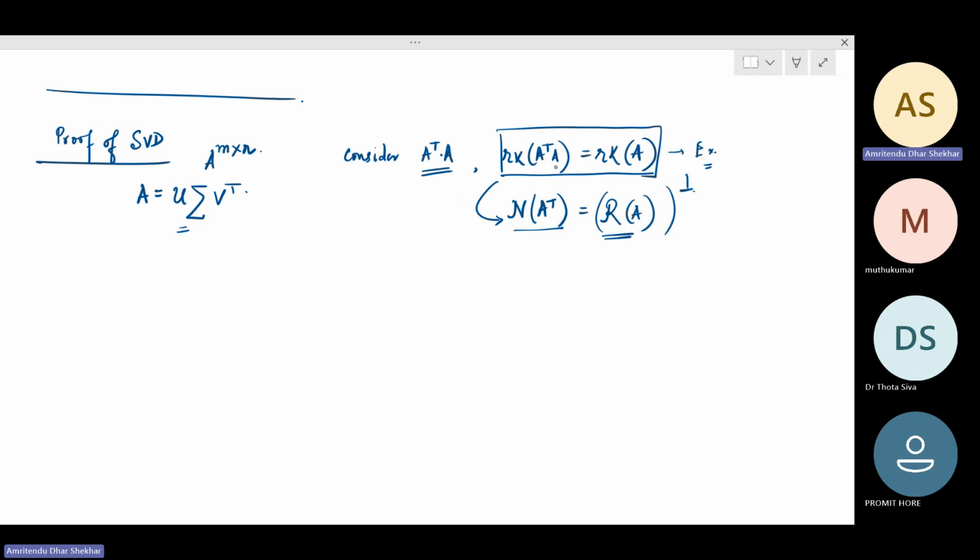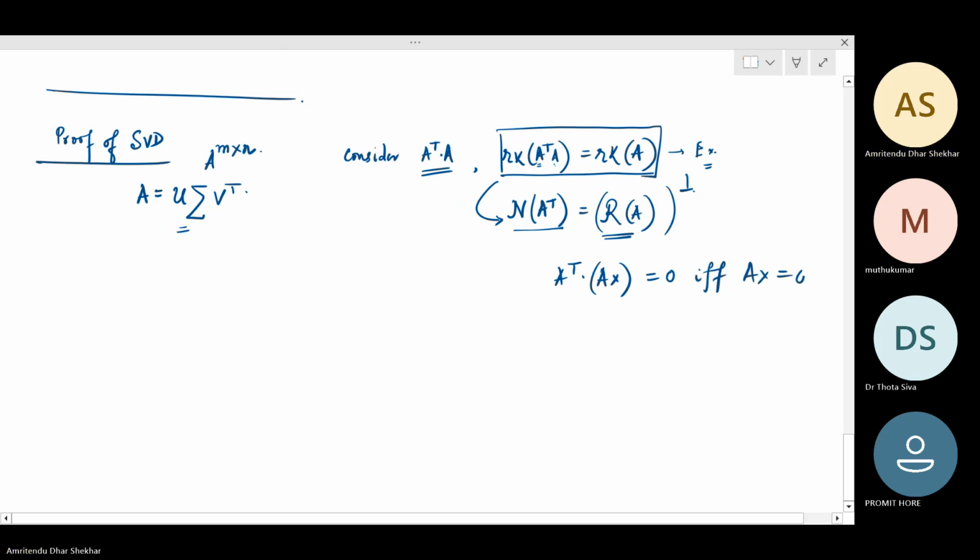Because anything in the range of A does not get killed by A transpose. What all gets killed by A transpose lies in the orthogonal complement of the range of A. So A transpose of AX is equal to 0 if and only if AX is equal to 0. It's precisely because of this fact.